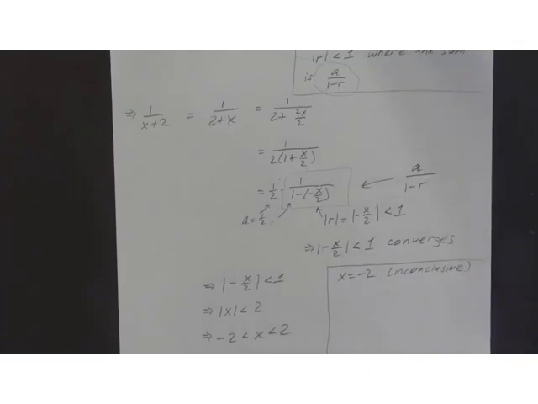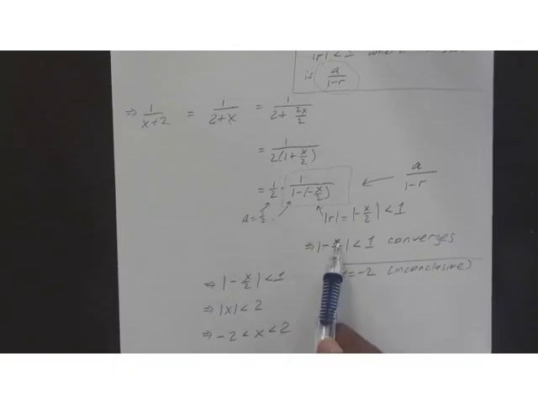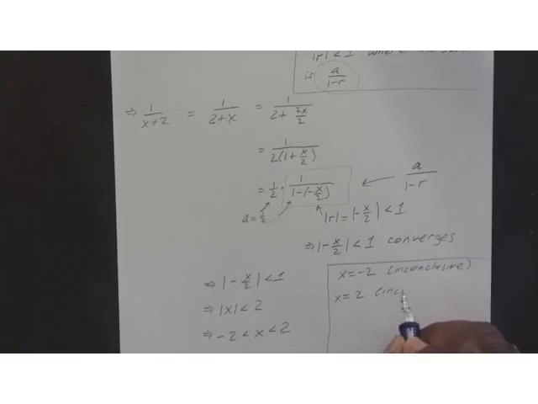Uh-oh. When we plug in +2, again, you'll end up getting the absolute value, which is just 1. So when x is equal to 2, it's also inconclusive.